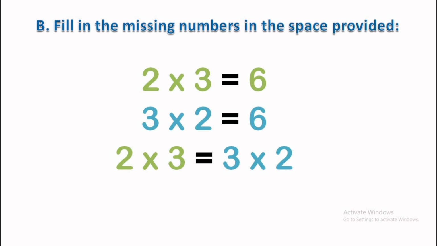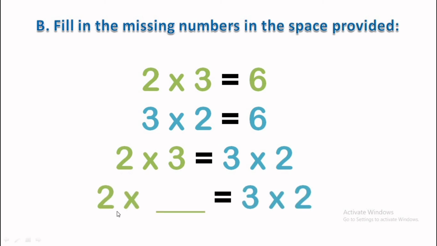So if a fill in the blank is given like this, 2 into dash equals 3 into 2, then we know that equals to means in both the sides the number will be the same. Here we have 2 on the right hand side, and we have 2 on the left hand side of the equals to.